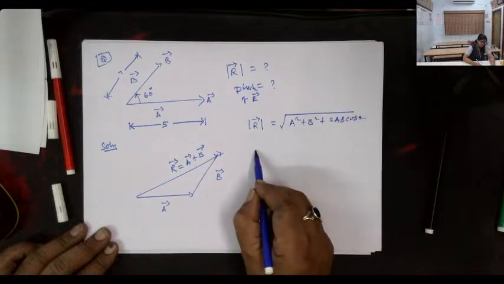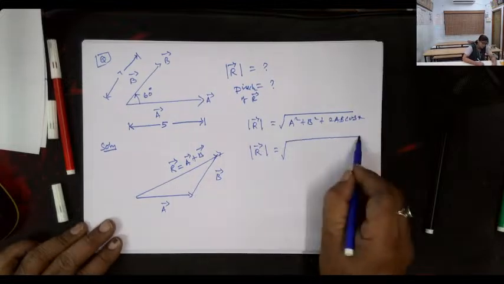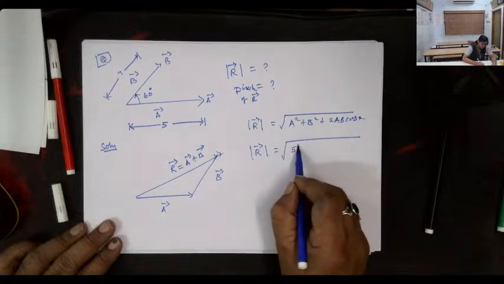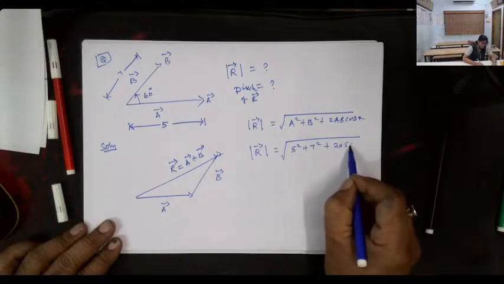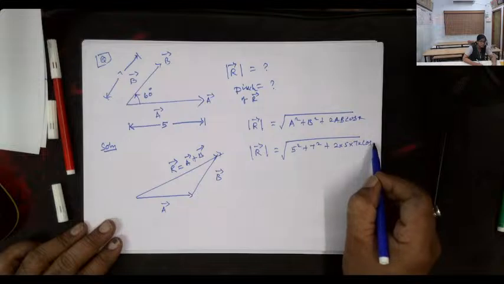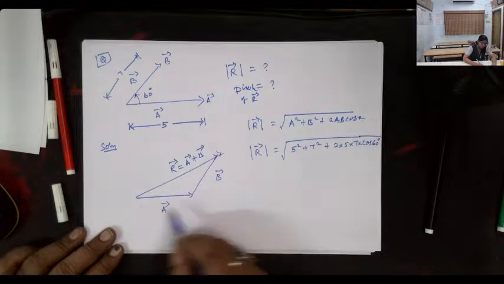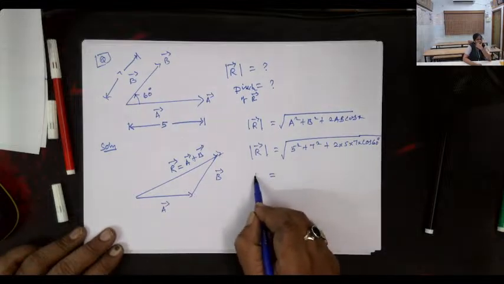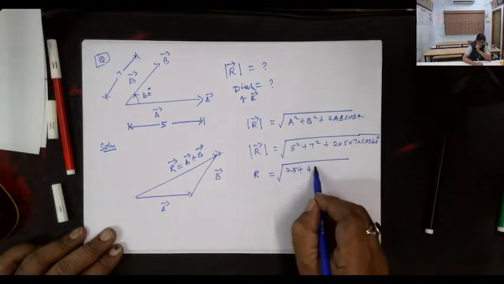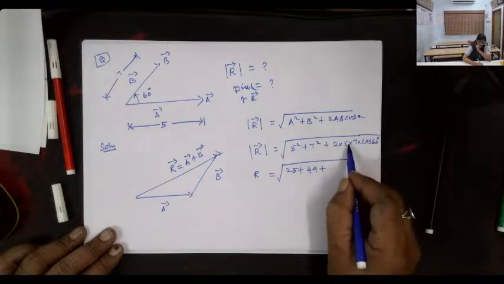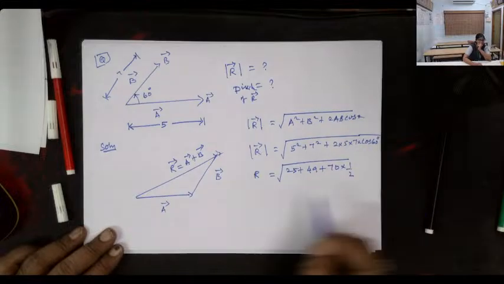So modulus of R is equal to the square root of 5 squared plus 7 squared plus 2 into 5 into 7 into cos of 60 degrees, because theta is equal to 60 degrees, right? Therefore R is equal to the square root of 5 squared 25, 7 squared 49, and 5 2s are 10, 10 7s are 70, into cos 60, which is 1 by 2, right?